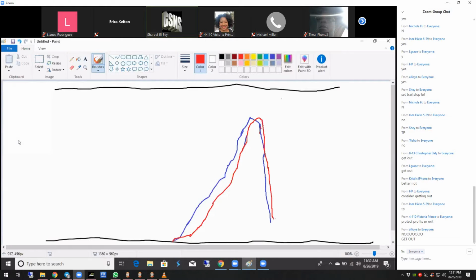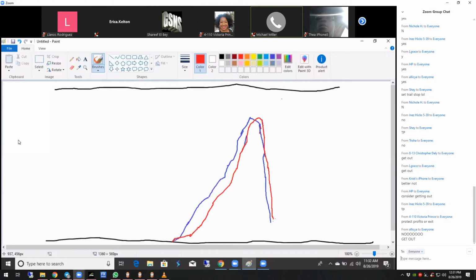I would get out. So suffice to say, on your entry, if you experience a consolidation or sideways movement, you can pretty much wait to see if the blue line is going to be ahead of the red line, even coming out of consolidation.